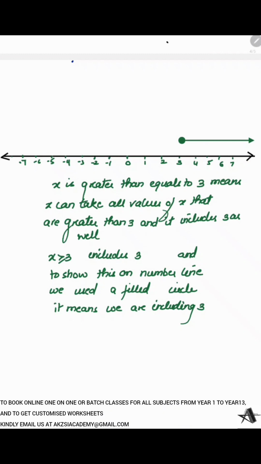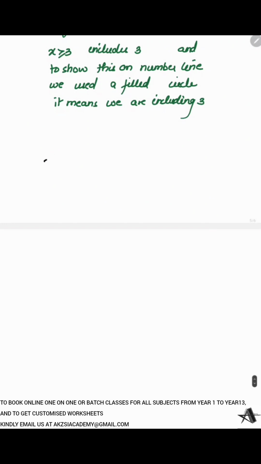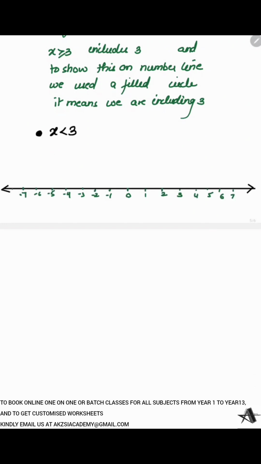The next one is x is less than 3. Here we have to include all the values of x that are lesser than 3. To represent lesser than 3, we have to move towards the left side, because we are looking for values smaller than 3: 2, 1, -1, and so on.